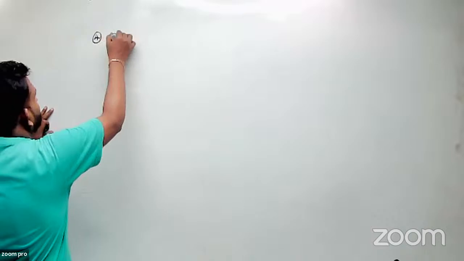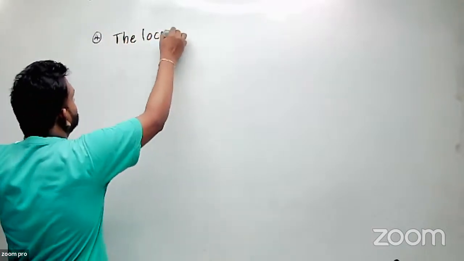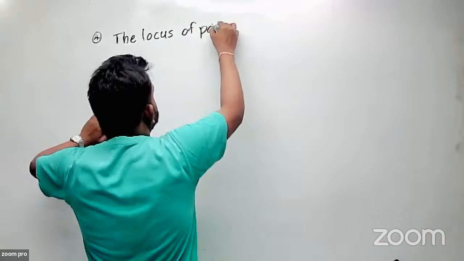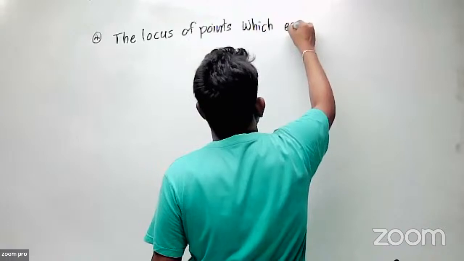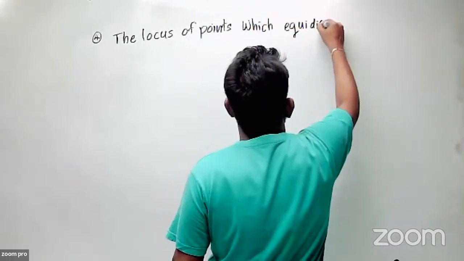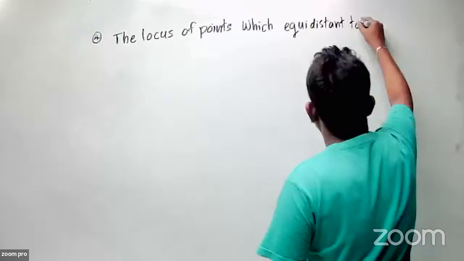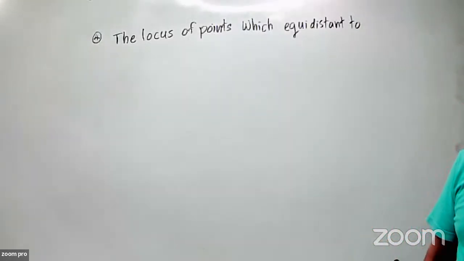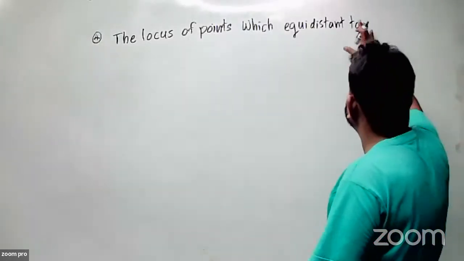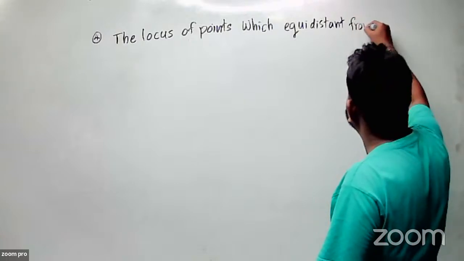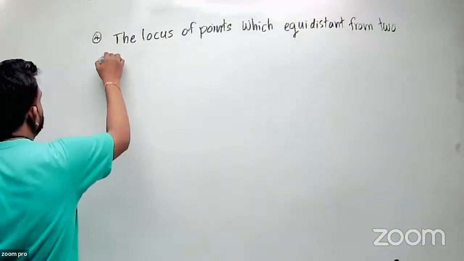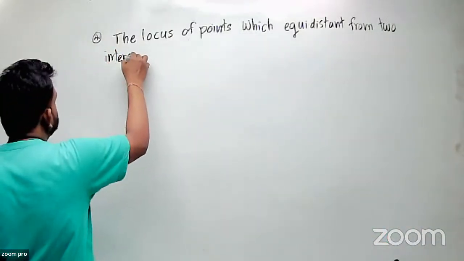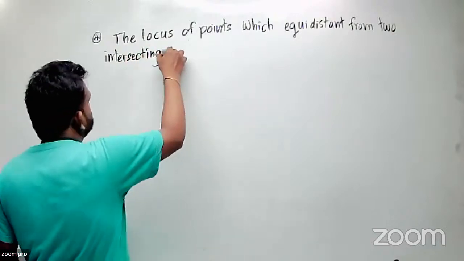The locus of points which are equidistant from two intersecting straight lines.